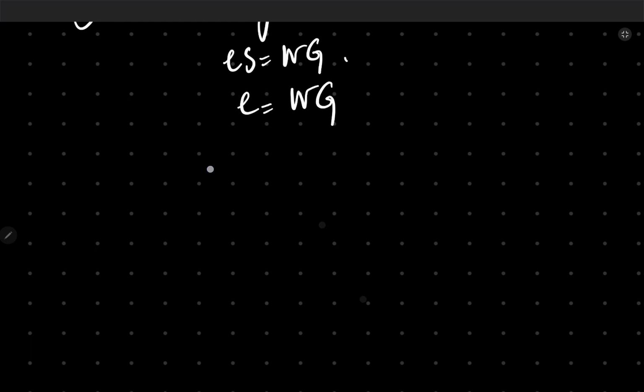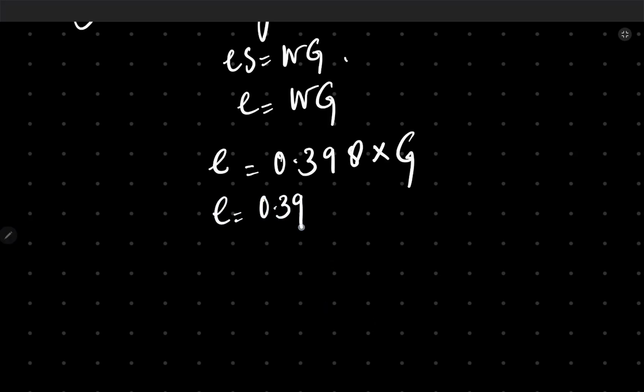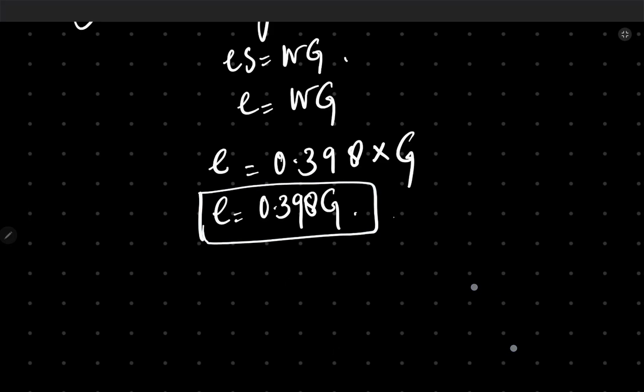The void ratio becomes the water content, 39.8%, that is 0.398, multiplied by G. We have to find the specific gravity of the particles and the void ratio as well. So e is 0.398 G. Let me call this equation 1.